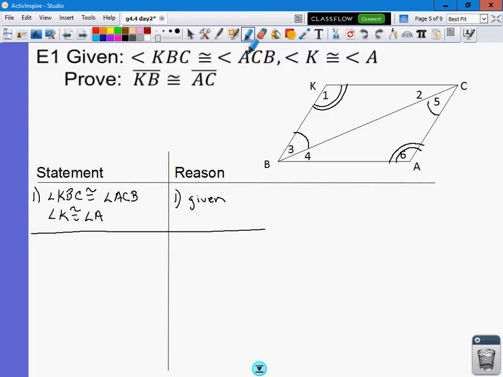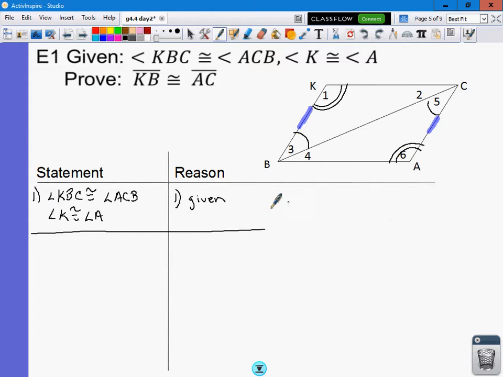Now, what they'd like me to prove is that KB is congruent to AC. But in order to do that, I've got to show that these two triangles are congruent first. In order to show that these two triangles are congruent, there needs to be more information, because all I have right now are two angles.